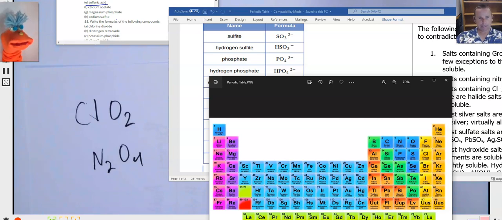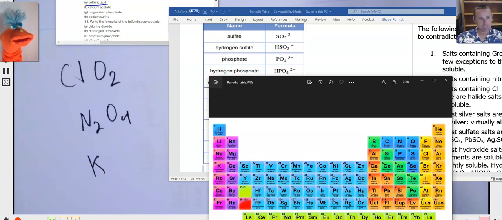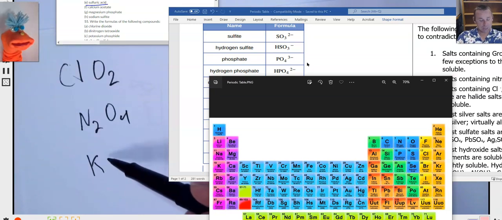Potassium phosphide. That's an ionic compound. Potassium's K. Phosphide. Is that the PO4? You're looking at the polyatomic ion chart. That's phosphate, so phosphide is just the P. That's right. There's phosphate, phosphite, and phosphide, so you have to pay attention to that.